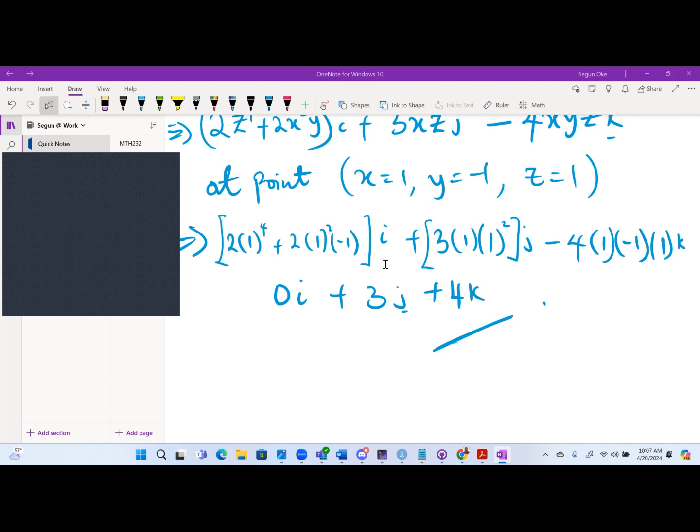So let's look at the integration, vector integration also. That would lead us into different theorems, Green's theorem, Stokes theorem, and so on.